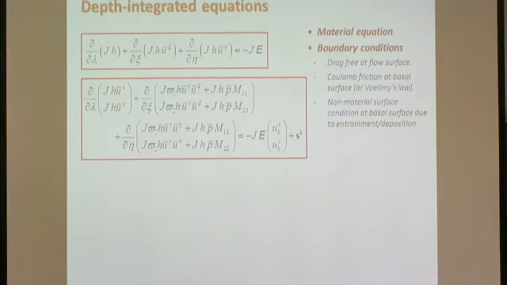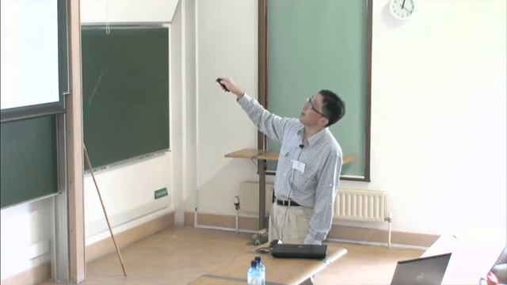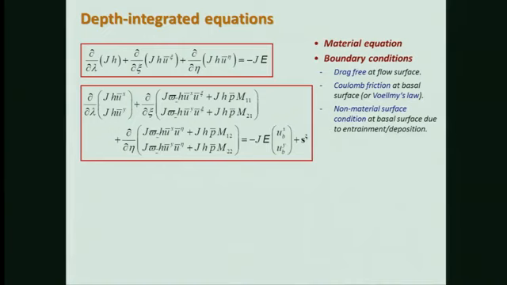In this equation, we use an incompressible material and isotropic normal pressure, and H is the flow depth. You find it's very similar to the shallow water equation, but with respect to the terrain-fitted coordinate system, and E is the deposition rate.